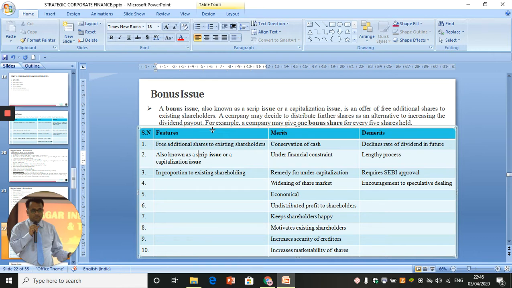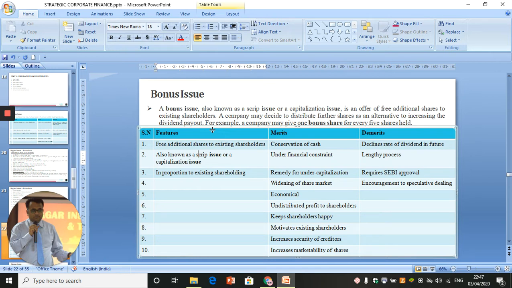So bonus shares are issued out of the capital reserves and given to the shareholders in the form of dividend. Because you're not able to give in cash, you will give in bonus shares.